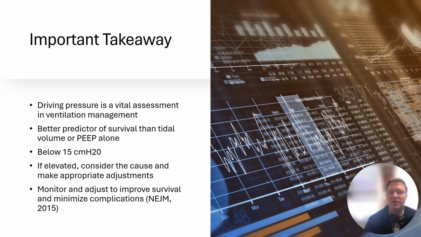And this means that we need to continuously monitor and adjust our vent settings. So that's where knowing what's going on with your patient and you being that professional at the bedside can help out with understanding what's causing the driving pressure to be high in the situation. And so we need to be able to see those things and make appropriate suggestions and interventions to improve this patient's survivability and minimize complications associated with mechanical ventilation.